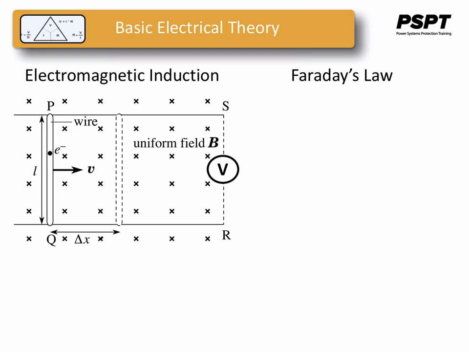As PQ moves to the right, the flux linkages in the circuit SPQR change, and in fact reduce. We will observe a voltage induced between S and R. A voltmeter connected between S and R then measures the open circuit voltage induced between the ends of the moving wire, but it does not allow a current to flow in the circuit because it's a voltmeter and is just measuring voltage.